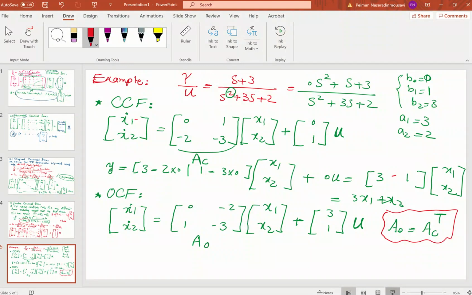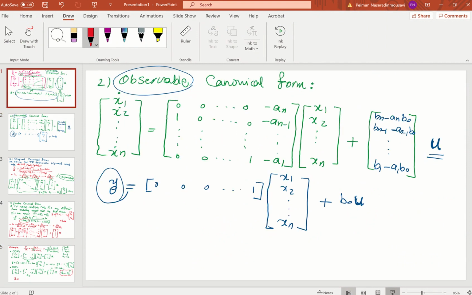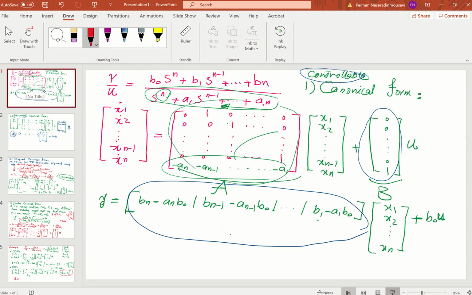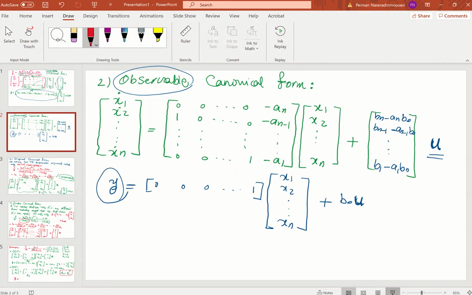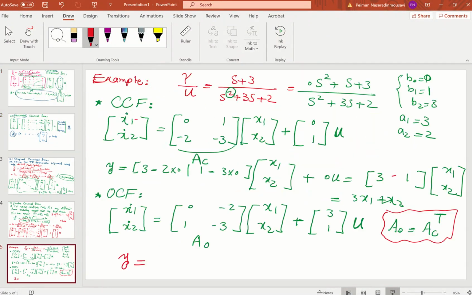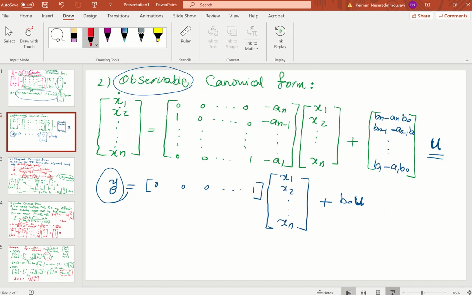And for the output, the B you used there, you make it a column, and the same here, the transpose of that: 0 and 1, the column of this is the row of this, in x1 and x2, plus again b0 u.